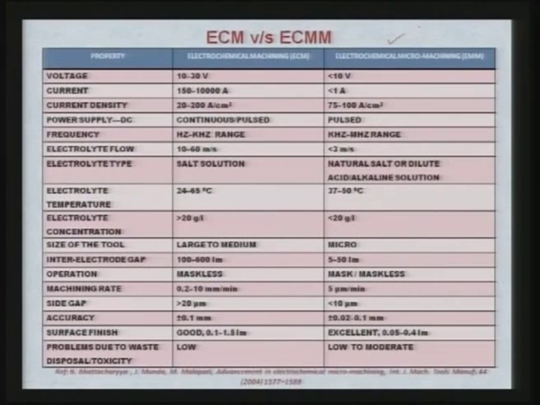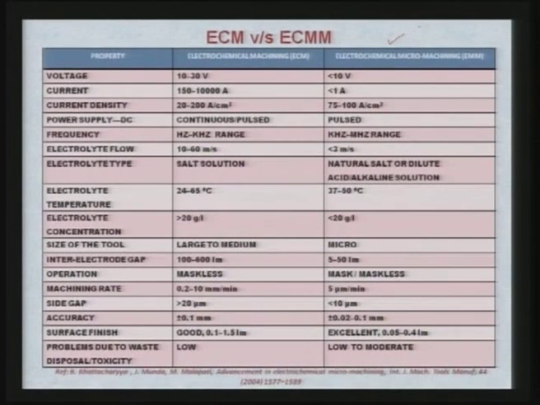Current density in electrochemical micro machining is very high, 75 to 100 ampere per centimeter square, and in macro machining it is 20 to 200 ampere per centimeter square. Now, in both cases you can use continuous DC or pulse DC.